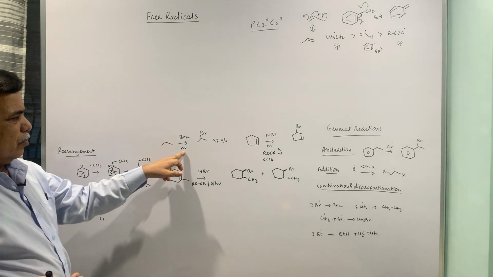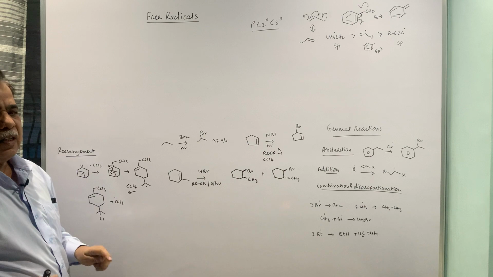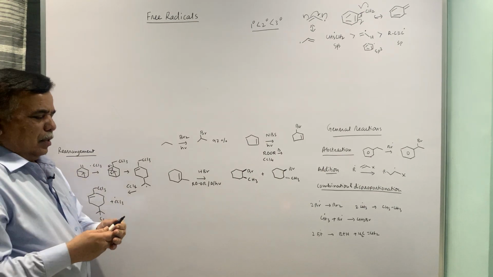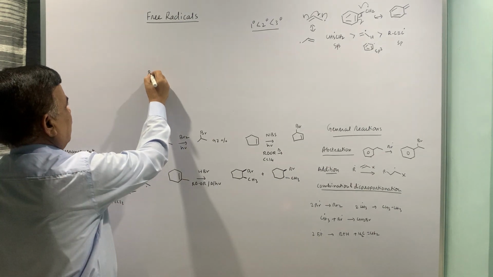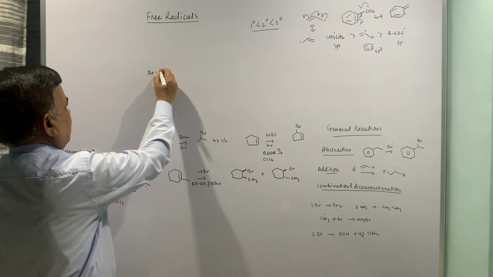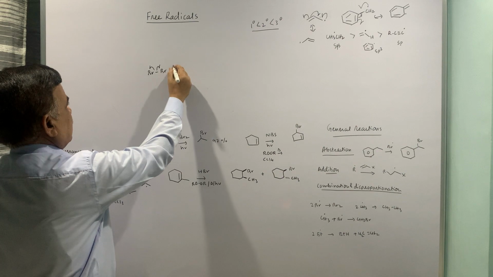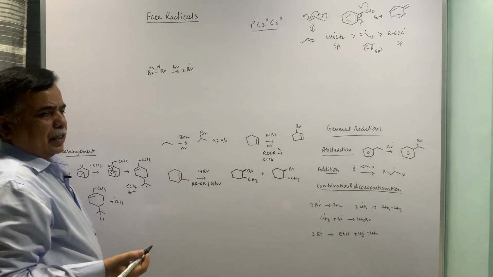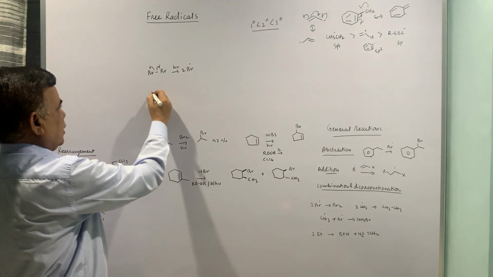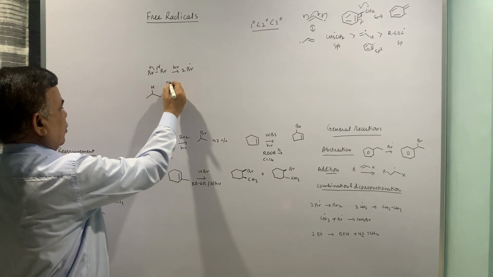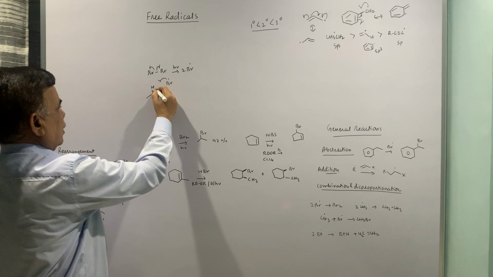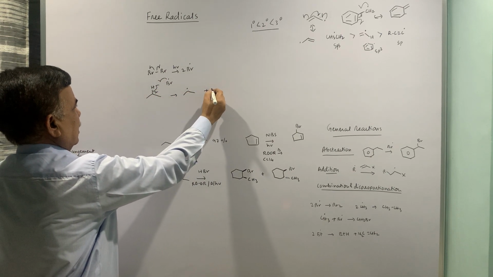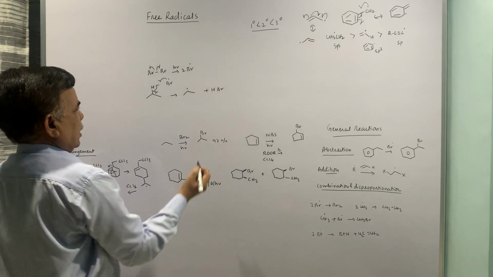Now here photolysis is there, so bromine will undergo homolysis and it will form Br radical. That is the first reaction. Second step is abstraction of proton, because this leads to the formation of secondary radical, and HBr is going out.